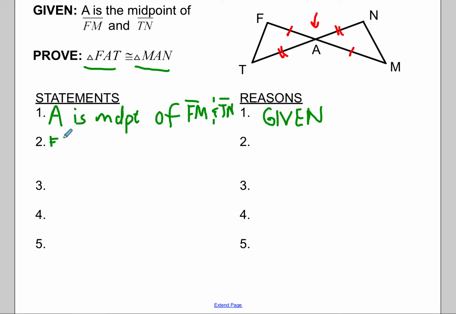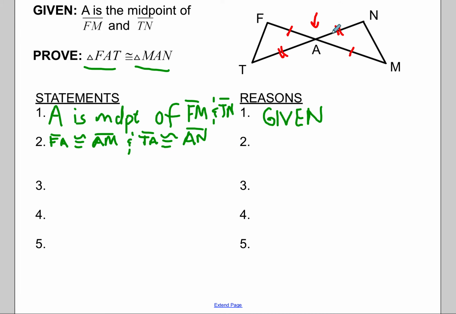FA is congruent to AM, and TA is congruent to AN. And then the reason is we just have to be able to say where this came from.